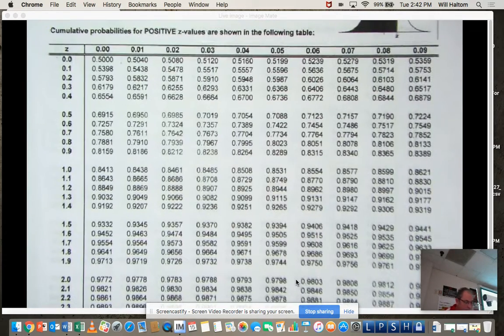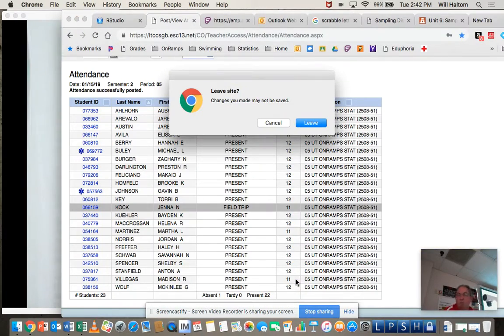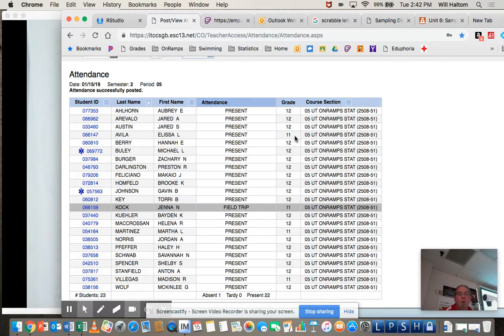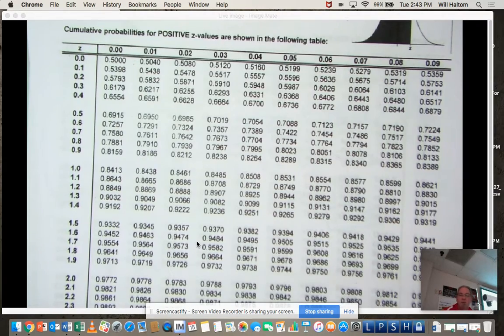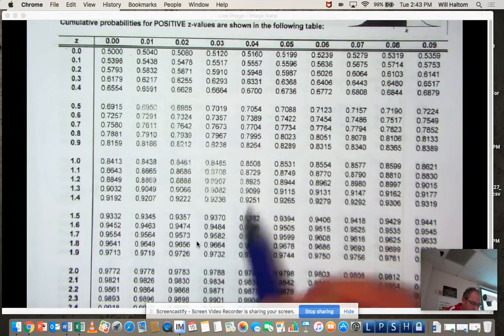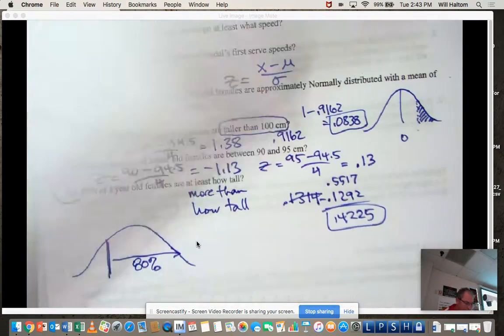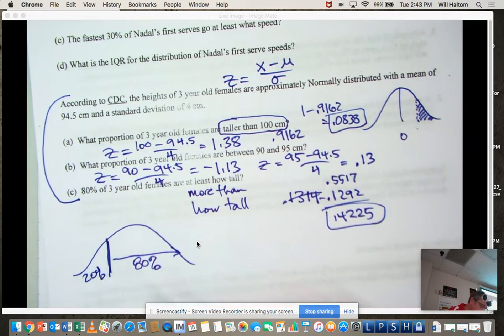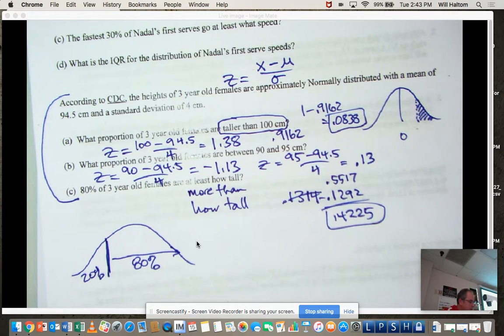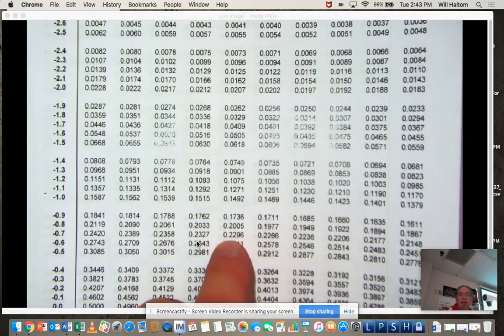Well, if I look up 80%, I get 0.84, but that's way over here. So what I really want is the lowest 20%. So when I look up the lowest 20%, here's 6, 14, 9.